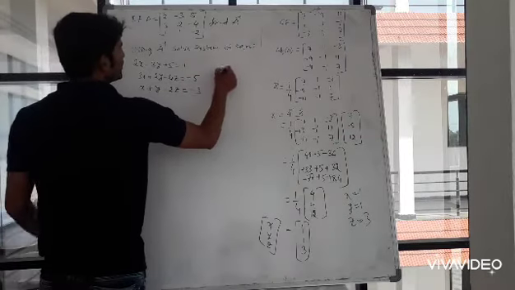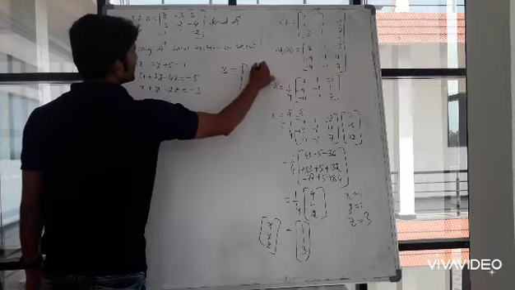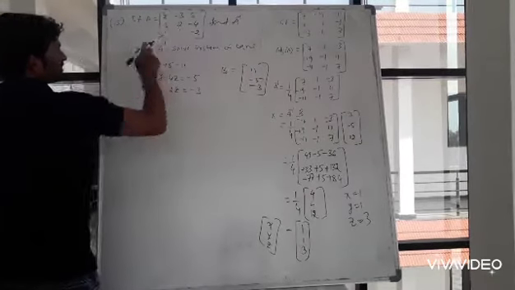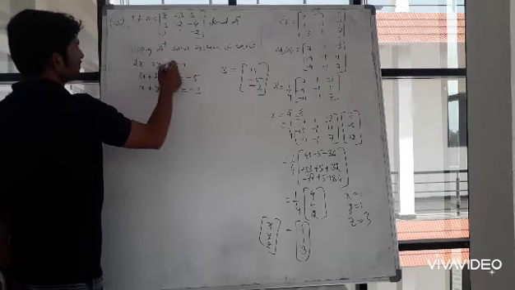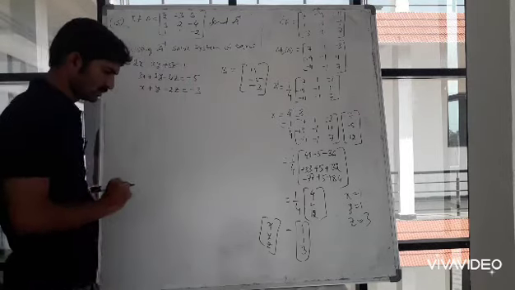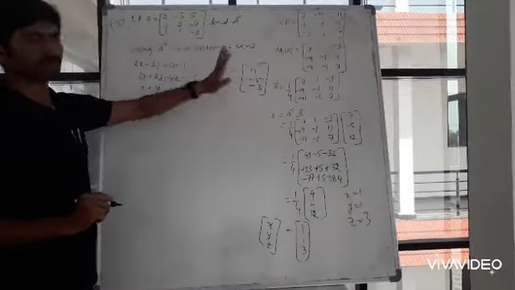Here B we need to consider as the right hand side: 11, minus 5, minus 3. Three variables are there, x, y and z, same procedure.